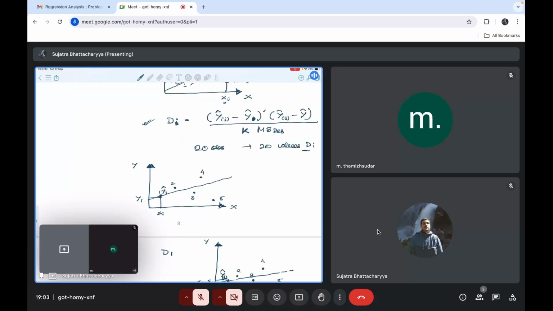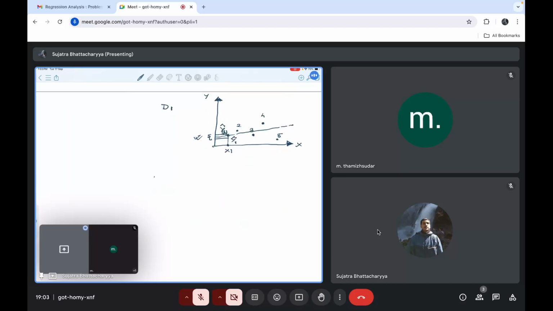So let me again write. di is the summation for i equal to 1 to n of (yi hat minus yi hat bracketed) whole square, divided by k into MS residual.